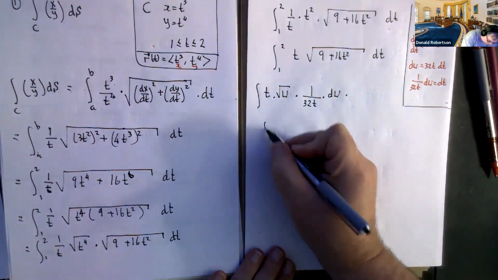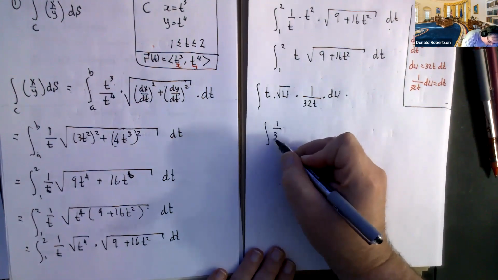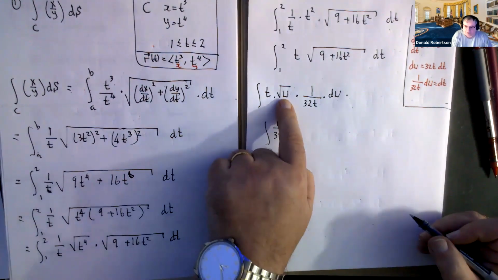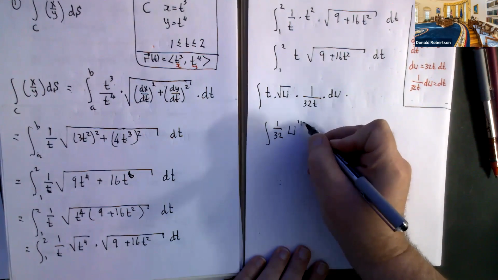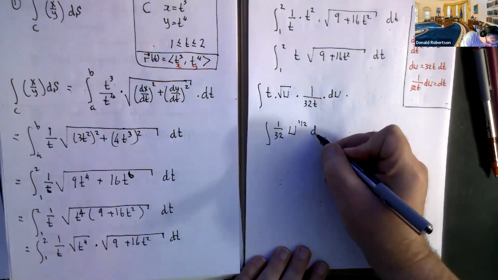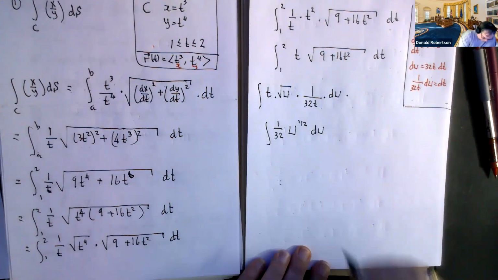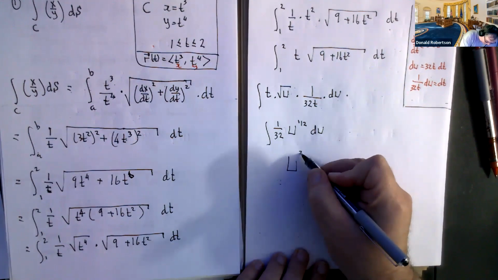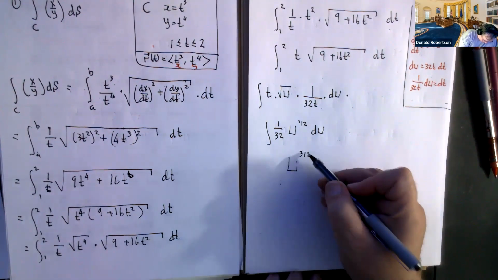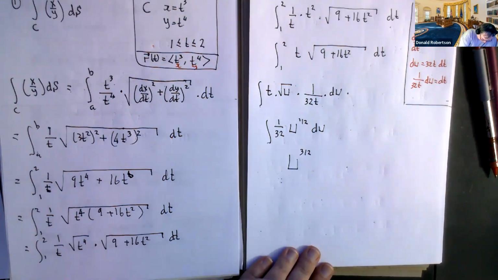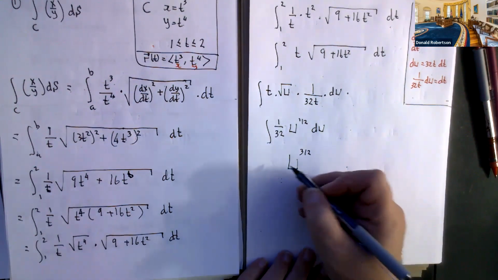The t's cancel, and I have 1 over 32. The square root of u now becomes u to the half du. Power rule, add 1 to the power. Dividing by 3/2 is like multiplying by 2/3, and that gets me a 48th.